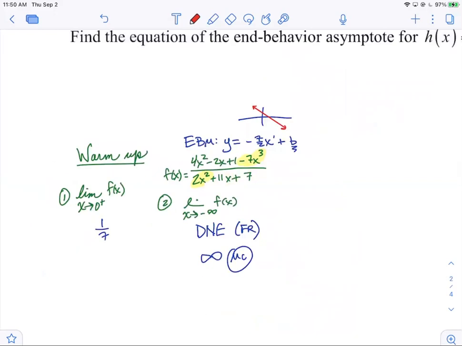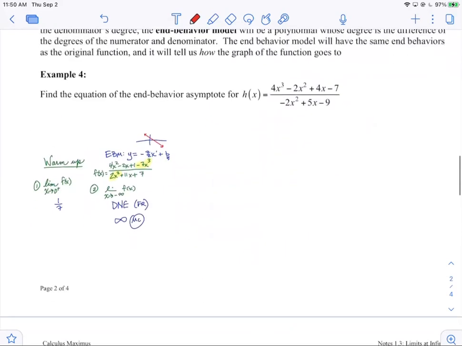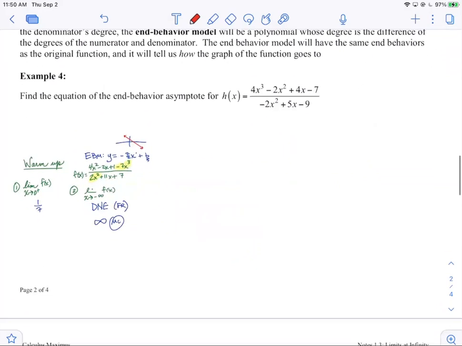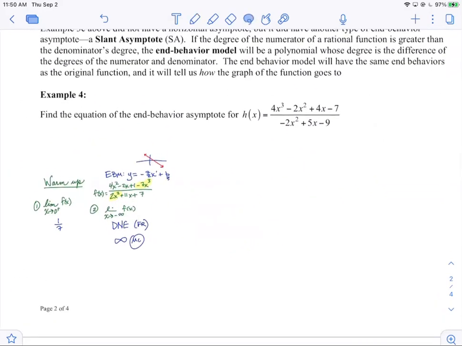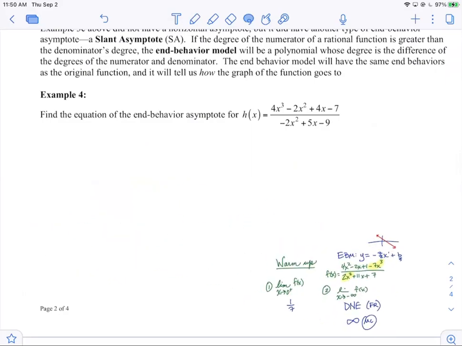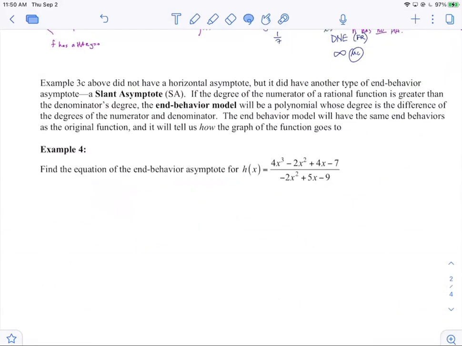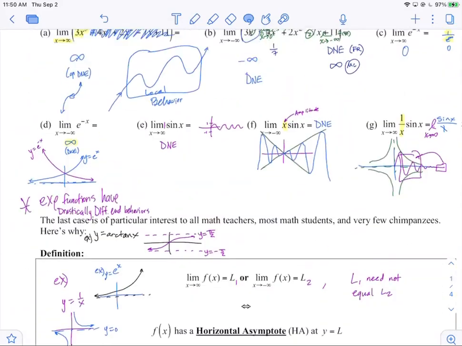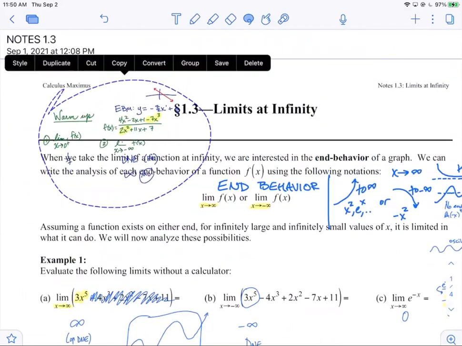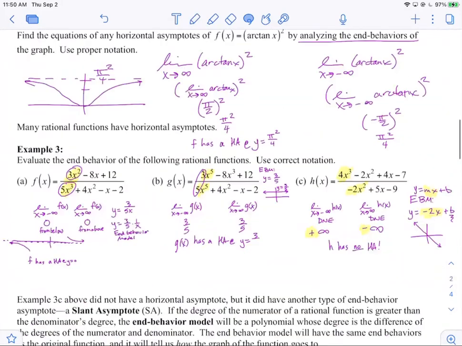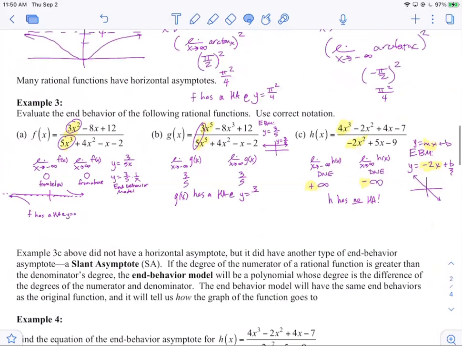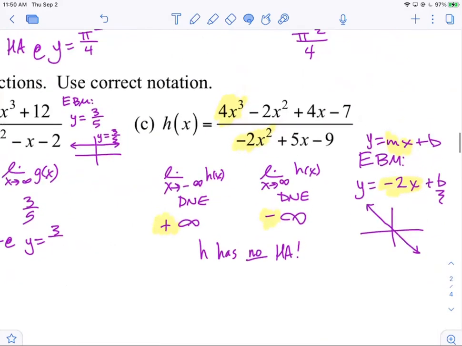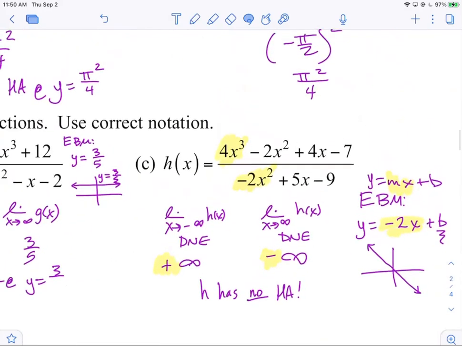Any questions on that? So that is a nice segue into example 4, because if you remember yesterday, we were looking at those 3 cases when you had ratios of polynomials. And on part C, it was kind of the same idea.